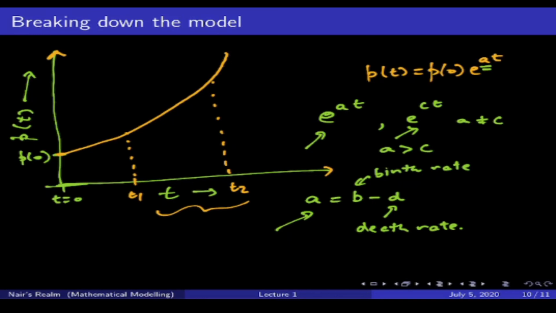So these are also termed natural birth rate and natural death rate. These are just some terminologies, and if you don't remember them, it's no problem because I will be dealing with them in detail in the following lectures. I just wanted to give you an intuitive understanding of what that constant A actually meant.